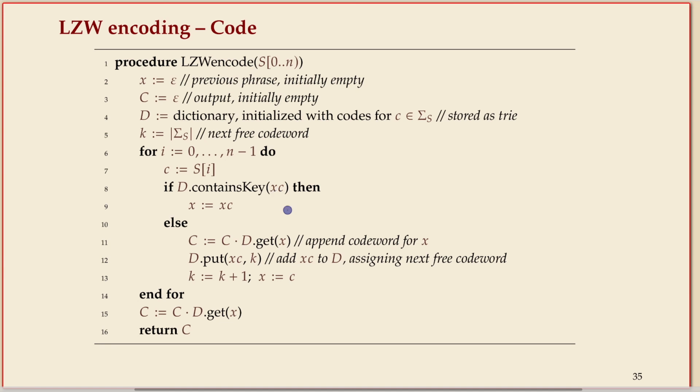When for the first time X was in the trie, but XC no longer is, we jump into this else branch. Then we get the code for X without C, which was a mismatch, and append that to the coded text, and we put XC into the dictionary because that's our new code word. And that's all for the encoding.